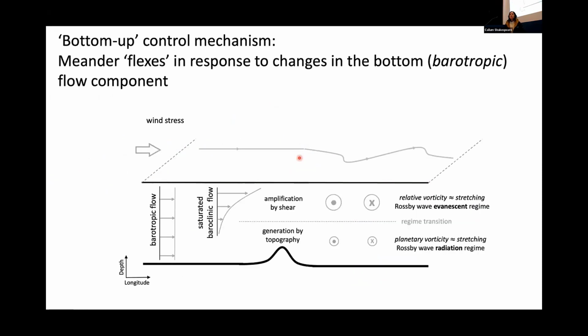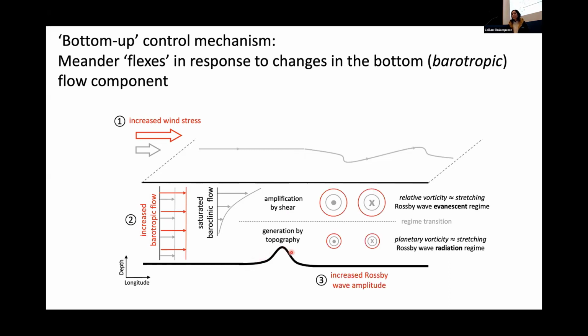So based on these results, we would like to extend the framework in TNG14. In addition to the increase of baroclinicity, the barotropic part can also contribute to the ACC's response to wind. Actually, in our model, when wind increases at surface, it is the barotropic part of the flow that increases in response to the stronger wind. And the stronger barotropic flow interacts with large-scale bottom topography, generating a new Rossby wave with larger wave amplitude.